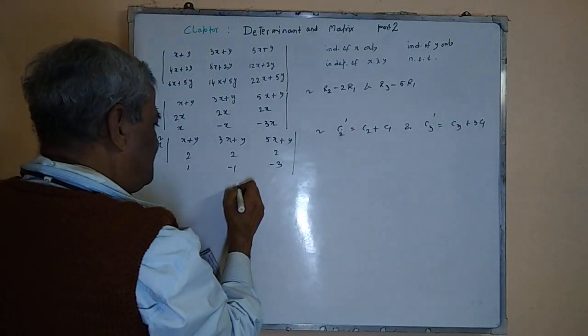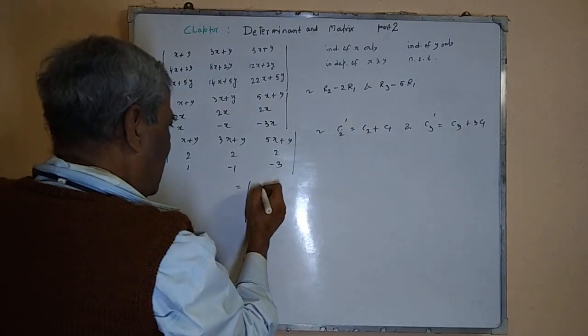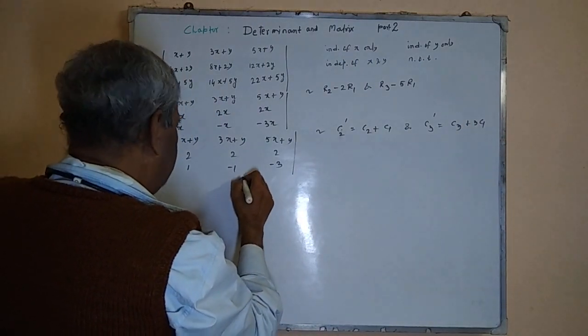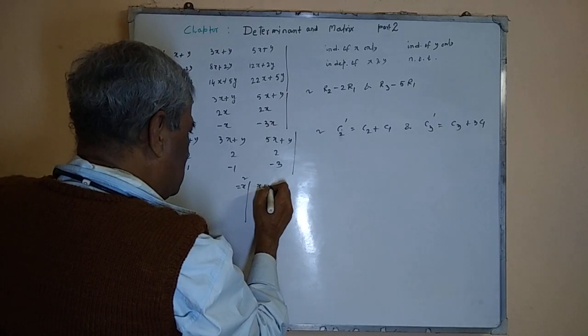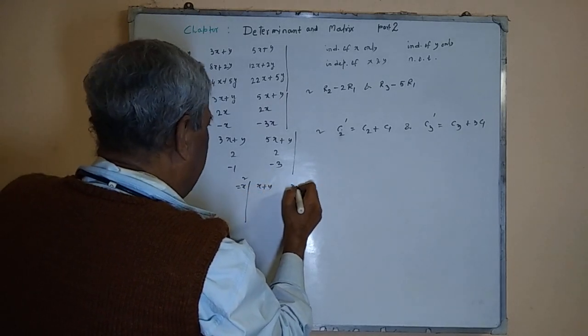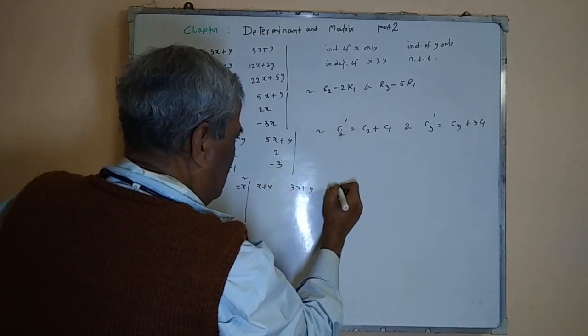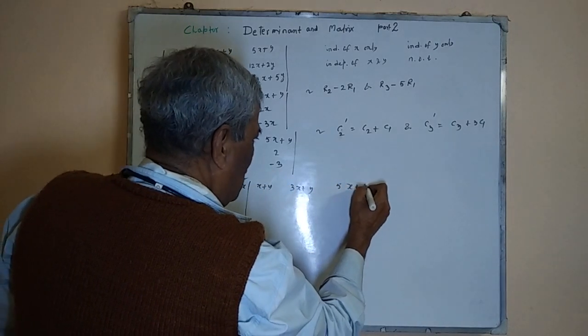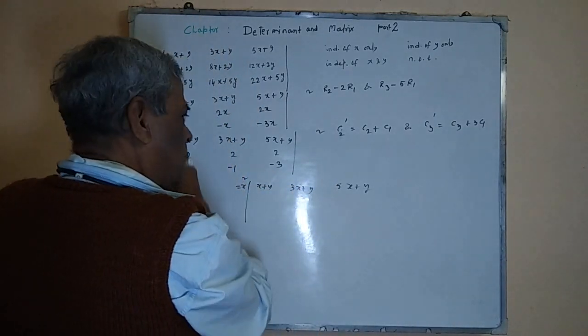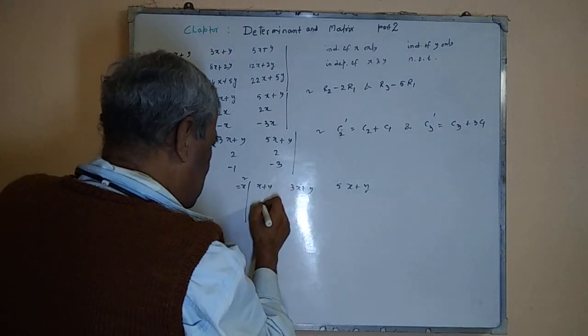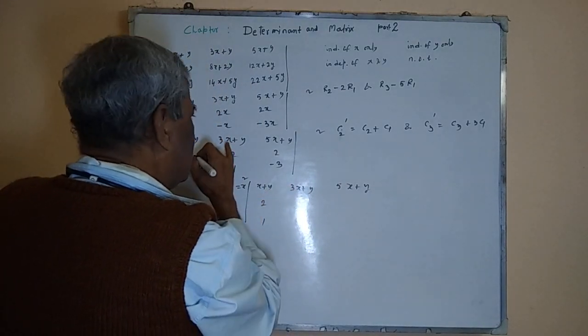This becomes x square into x plus y, 3x plus y, 5x plus y. First column is intact, 2, this is 1.